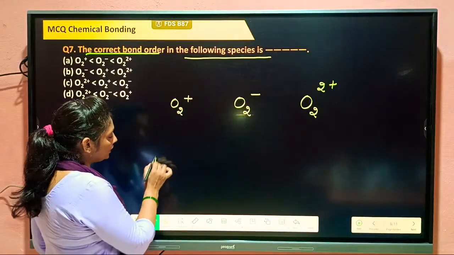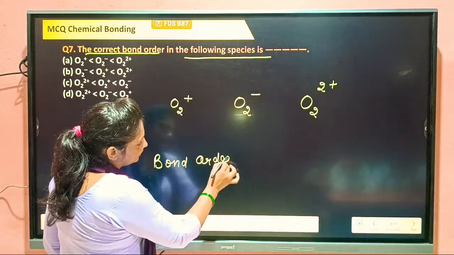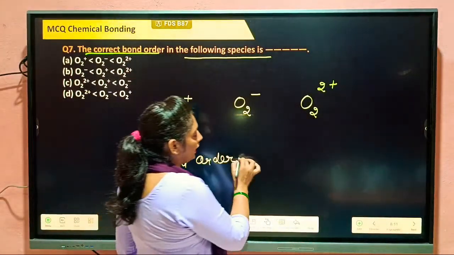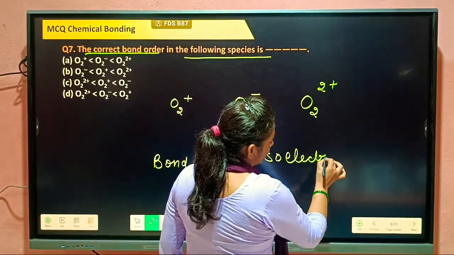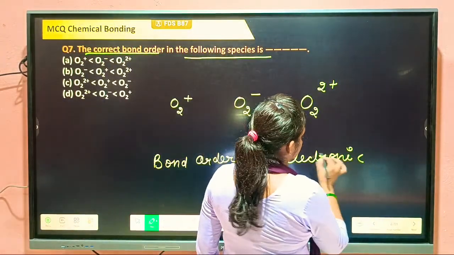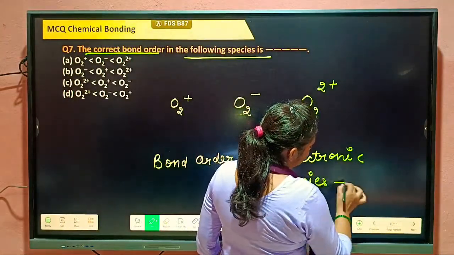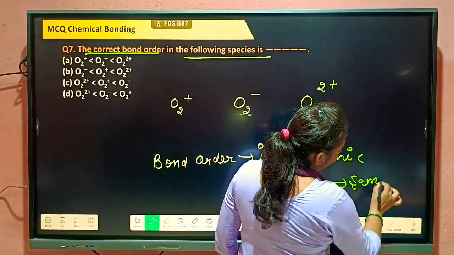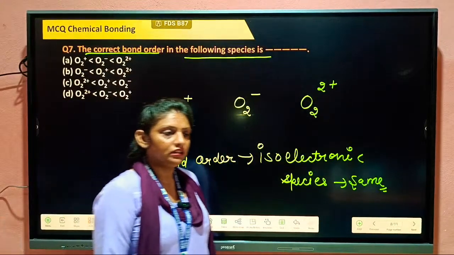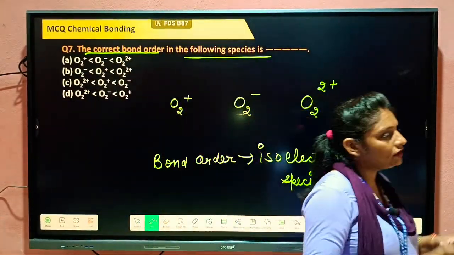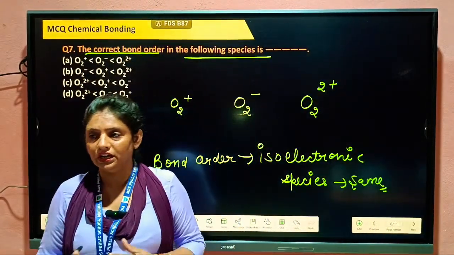You know the bond order of isoelectronic species will be the same. If the number of electrons in 2 species are equal, then their bond order will also be the same.